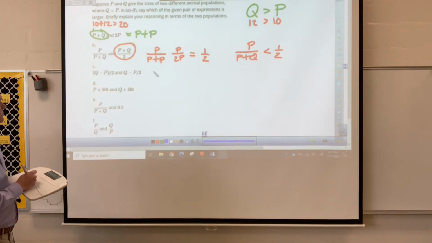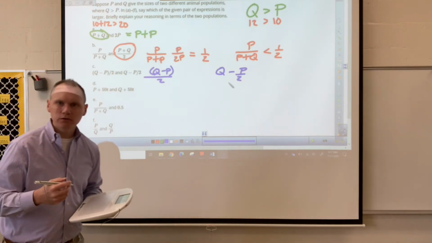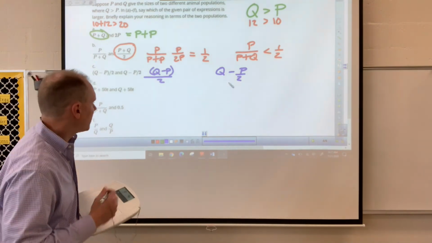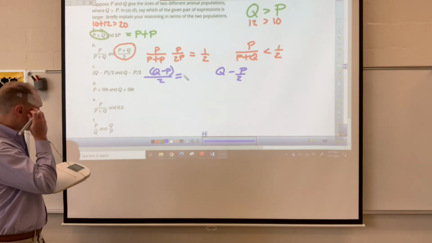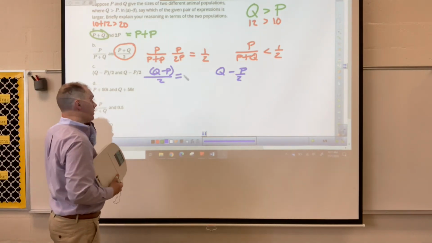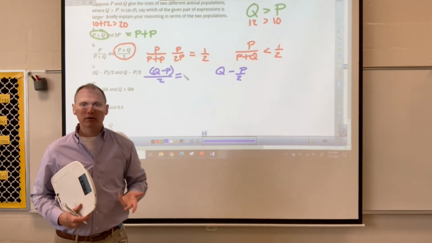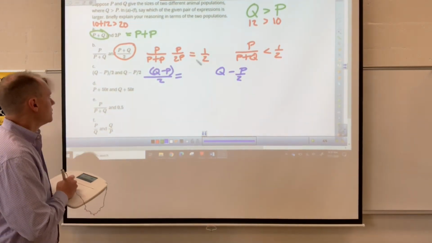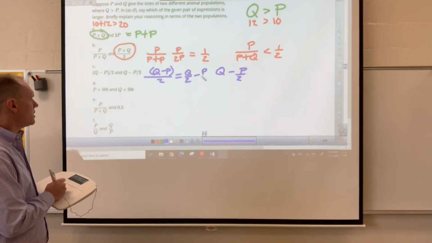All right, next one. We have q minus p over 2 and q minus p over 2. You could pick some values and compare them. That would be easy enough here. But I want to show you how this could work algebraically. If we have q minus p in parentheses divided by 2, we can actually divide both of those quantities by 2. So this is equal to q over 2 minus p over 2.